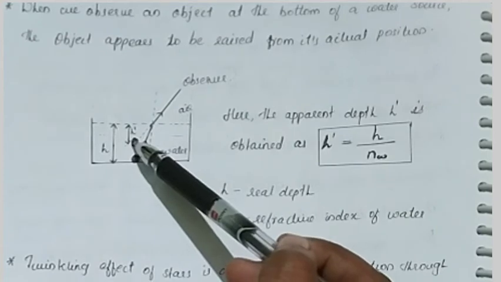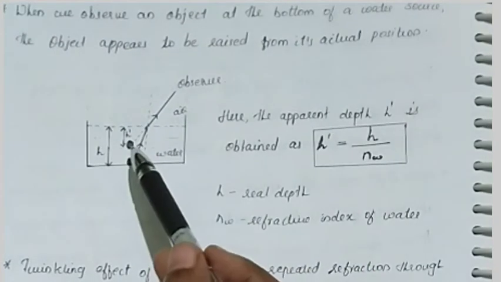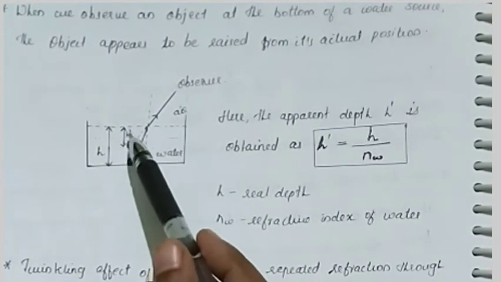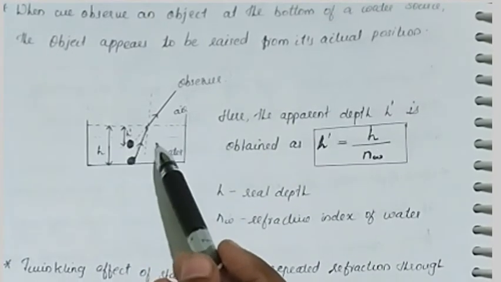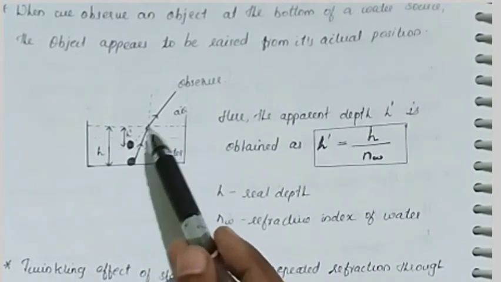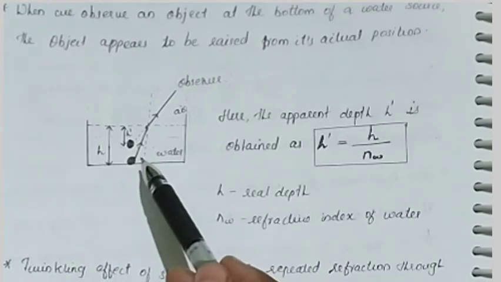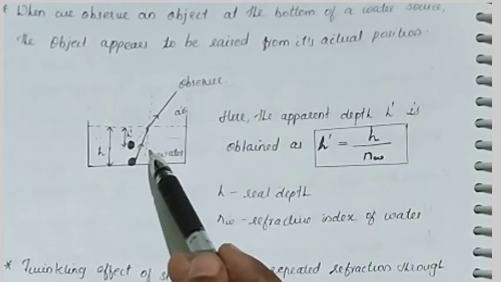If we extend the light ray that reaches our eye, we can see that the object appears to be displaced, and this apparent depth of the object depends on the refractive index of the medium, that is, the refractive index of water.